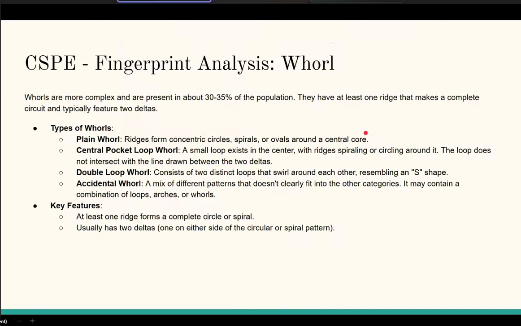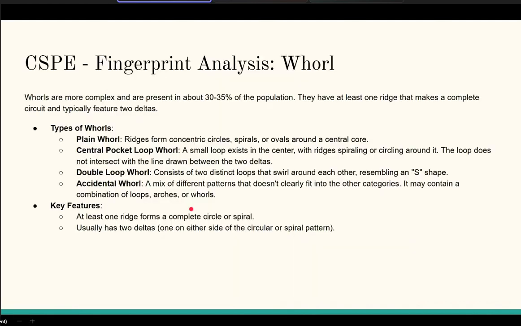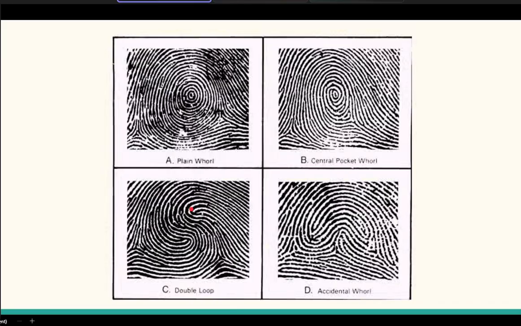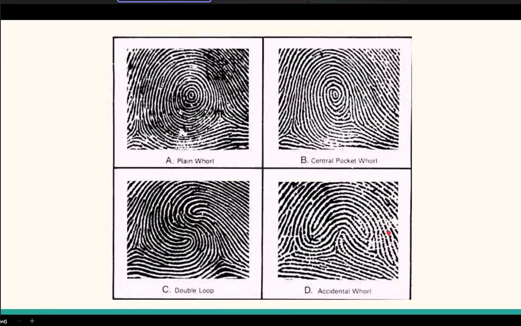And then you get the double loop whorl, which looks like an S, and it's two distinct loops. We'll talk about loops later, but this is one loop, that's another one, and then they create this, and this is categorized as a whorl. And then there's an accidental whorl, which is where you don't know what's going on, but it does have two deltas, and this would just be an accidental whorl.